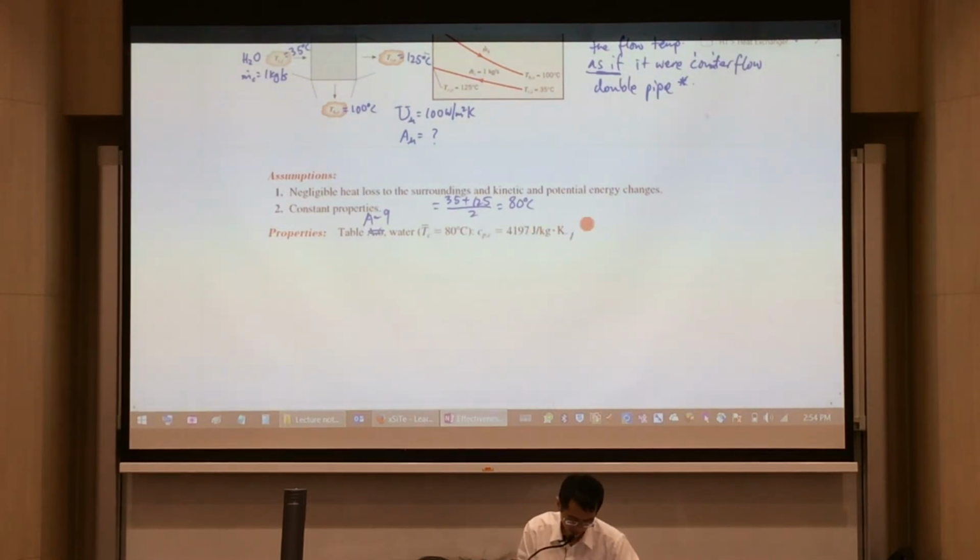There's one property that's not included here, the exhaust gases, which has a Cp,h equal to 1,000 joules per kilogram Kelvin. That's given in the question, but it wasn't written in. As I was saying, we need to figure out which one has the maximum and which has the minimum.